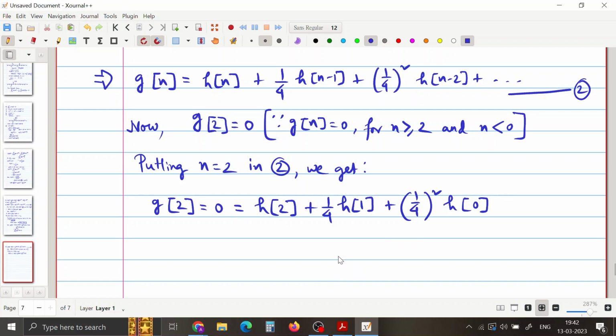We don't need to go beyond this, because h of minus 1 has no contribution.